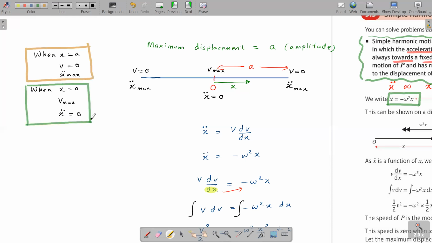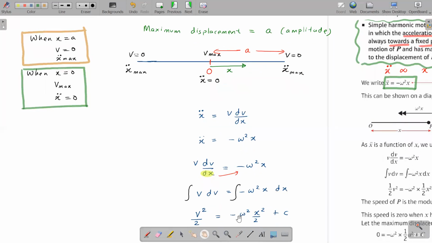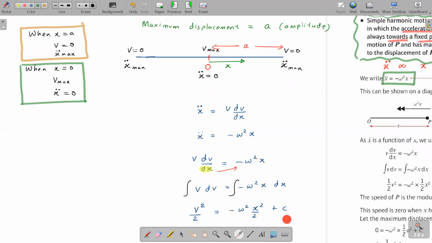Okay, so now what we'll be doing here is we'll be using these points to actually find the value of our c. As you remember, we were in the middle of integrating, right? So we had x double dot equal v dv by dx. We know that is when the acceleration is a function of displacement, and we also know in SHM x double dot is equal to minus omega square x, because acceleration is proportional to displacement.